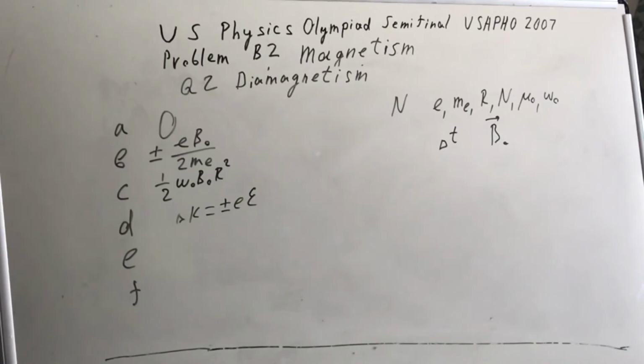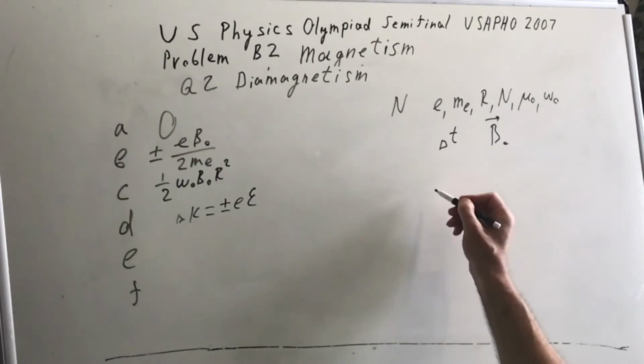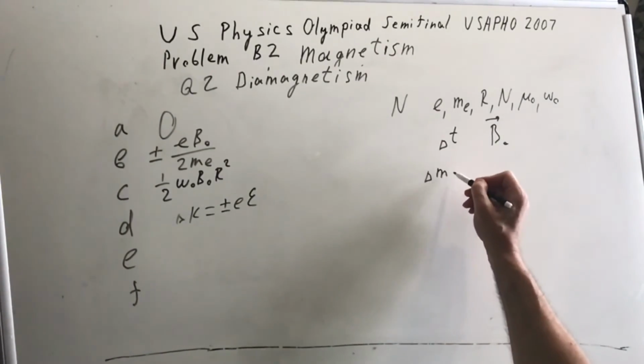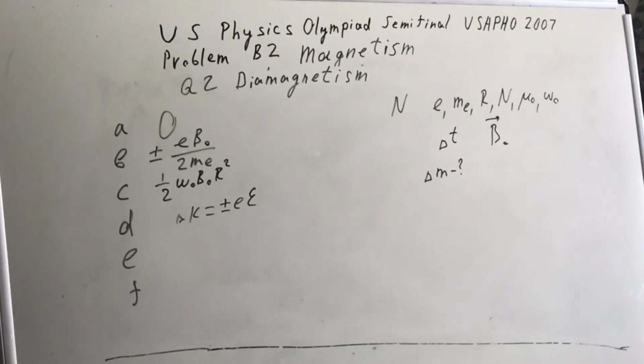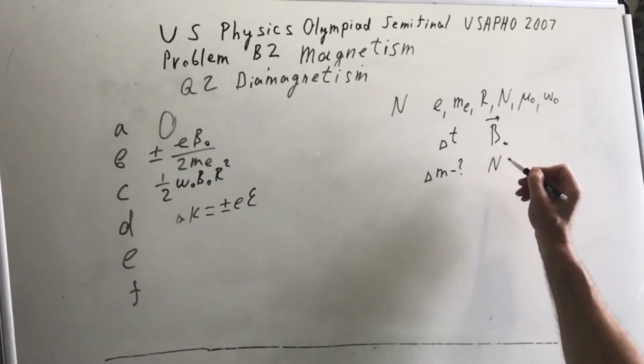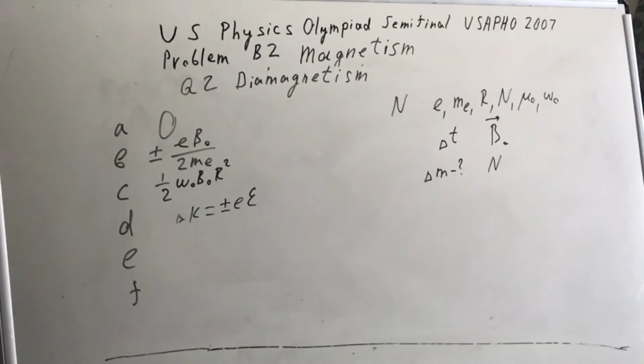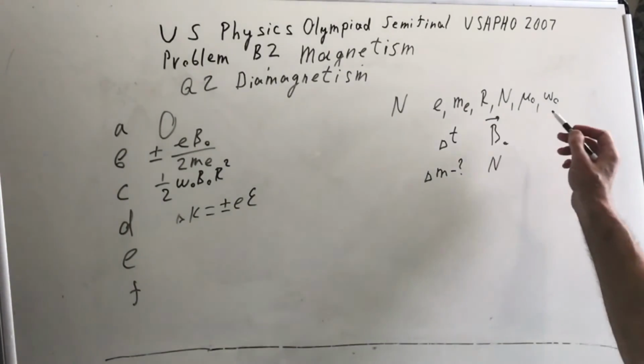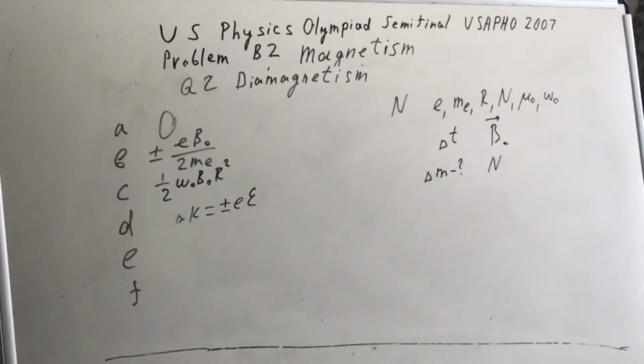Question E. Determine the change in the total magnetic moment dm for the n atoms when the external field is applied, writing your answer in terms of these parameters.